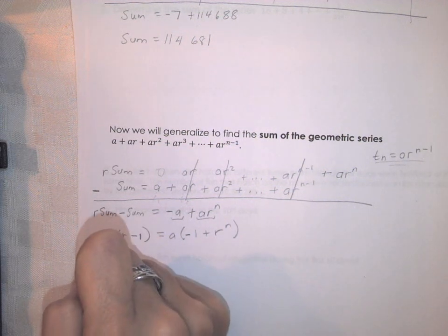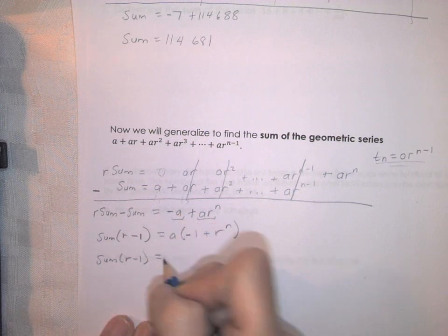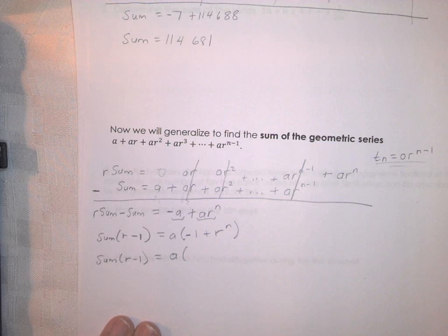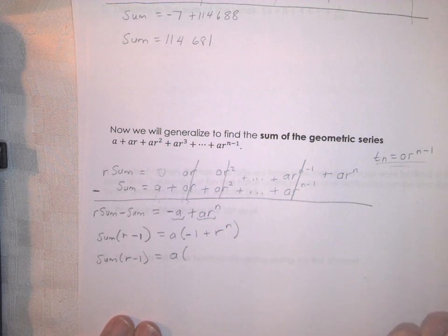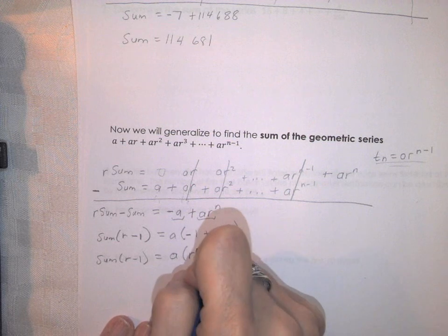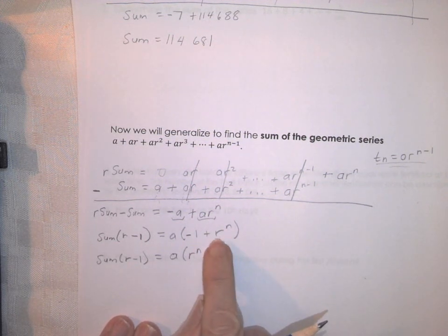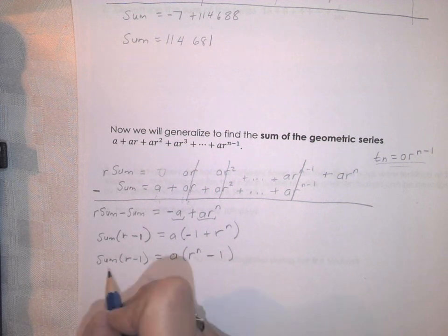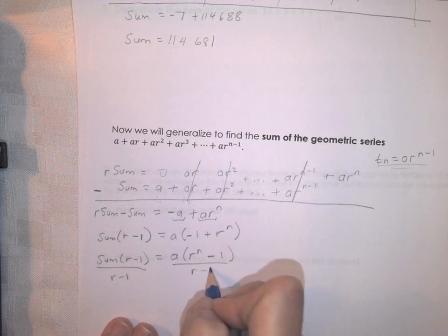And then before I divide by r minus 1, I just want to flip this around because it gives us a formula that's easier to remember. So I can change negative 1 plus r to the n to r to the n minus 1. I'm just putting the terms in a different order. R to the n is still positive and 1 is still negative. And now I'm going to divide both sides by r minus 1.